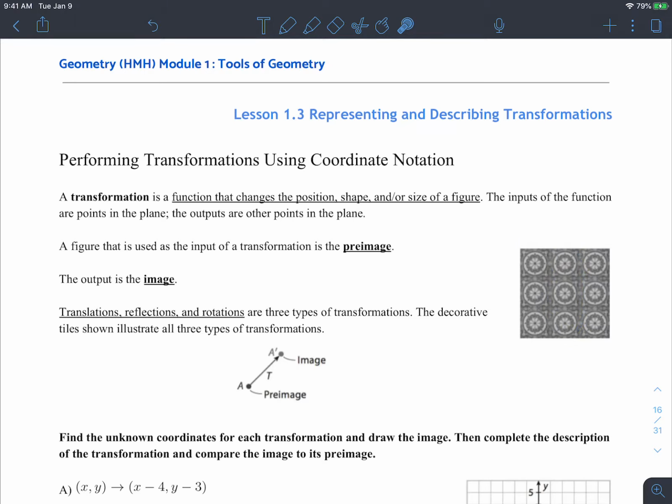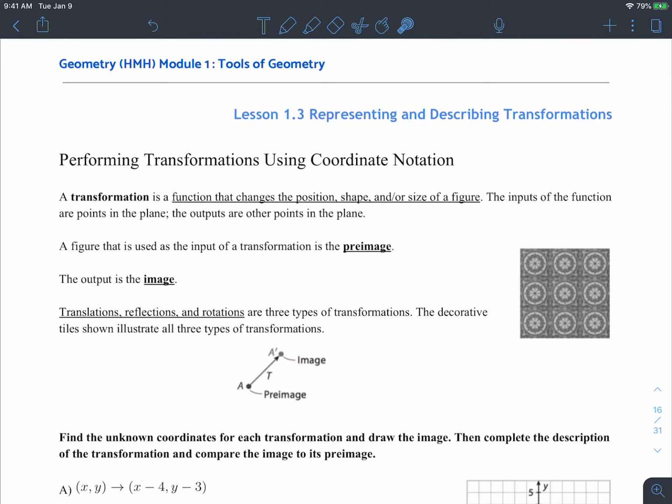If you rotated this 90 degrees, it would look exactly the same. Or you could say that individual ones have been translated to the right, or this to this would have been translated right and then up. So depending on how you define it, individual tiles can be seen as a translation, reflection, or rotation.